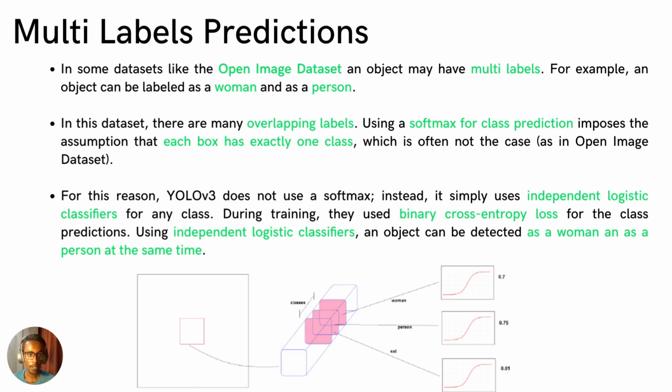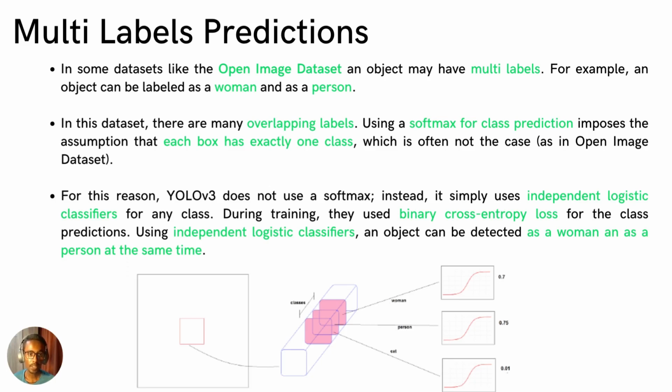In this dataset, there are many overlapping labels, and when we use softmax for the class prediction, it imposes the assumption that each box has exactly one class. Softmax only assumes that you have one class for each bounding box, which is often not the case as in the Open Images dataset.